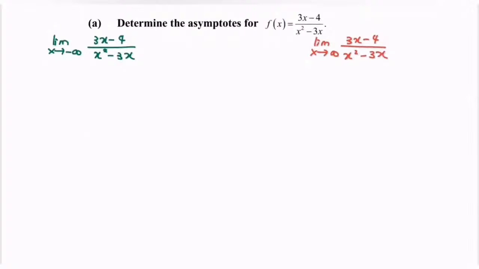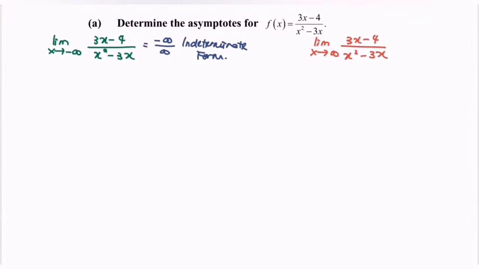Kindly refer to the left hand side. What we have to do is to substitute the value. If we substitute negative infinity into the function, we will obtain negative infinity over infinity, where we will have the situation, what we call the indeterminate form.